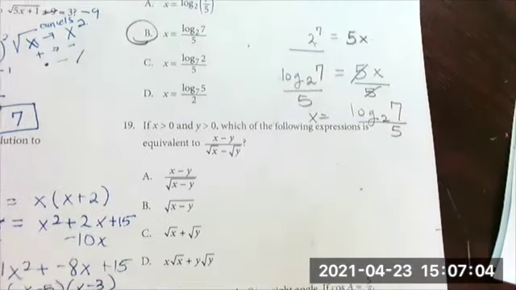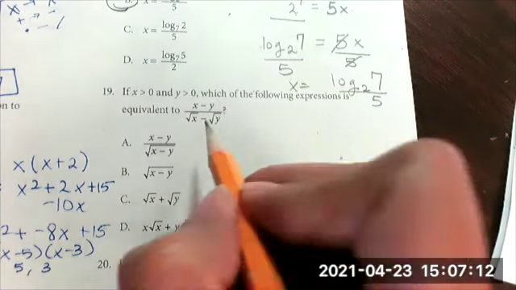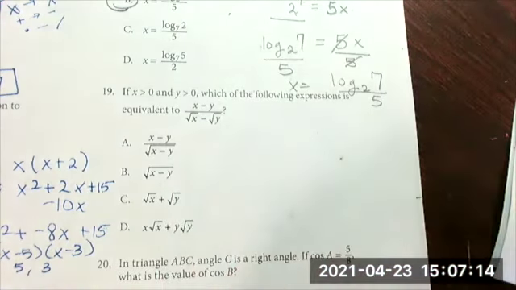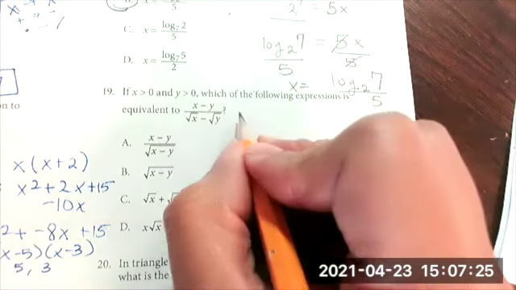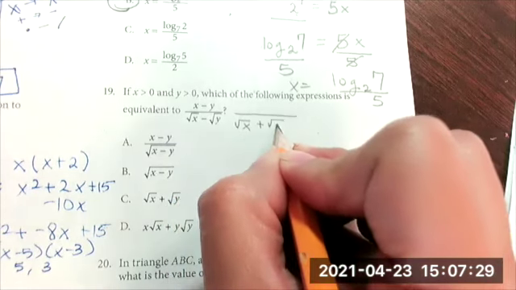Number 19, it says x is bigger than 0 and y is bigger than 0. Which of the following expressions is equivalent to this thing? The main thing here, guys, is you can't have radicals in the bottom. So to cancel them, we do the opposite. Radical x plus radical y.